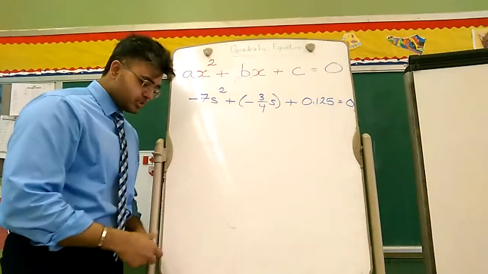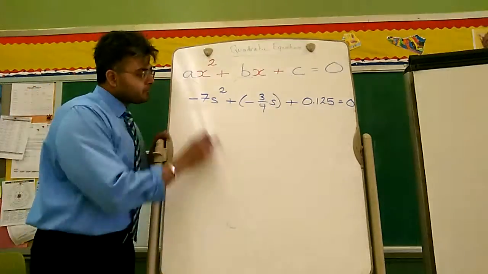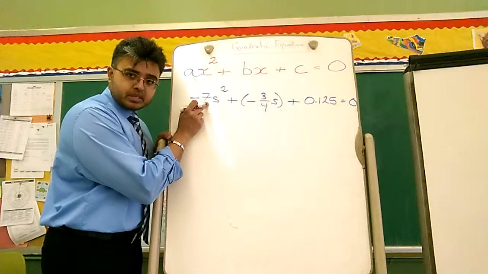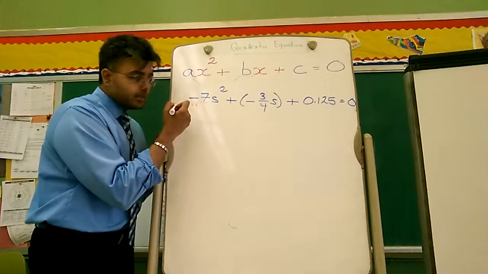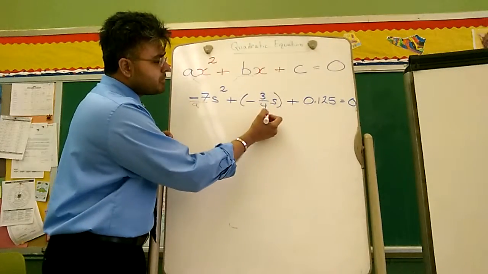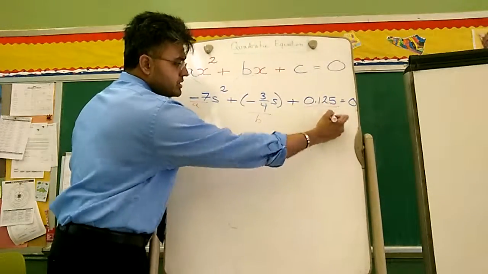Wow, what is all this? This looks weird. But it's not. It's pretty easy. Same thing. A is always going to be the number in front of s squared. So that's A. B is always going to be the number in front of the s. That's B. C is always going to be this number, C.